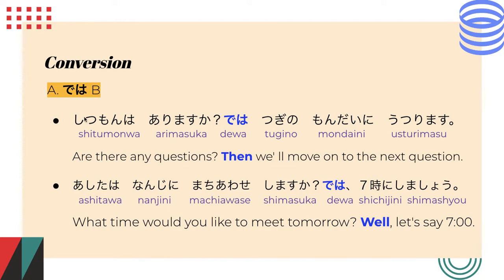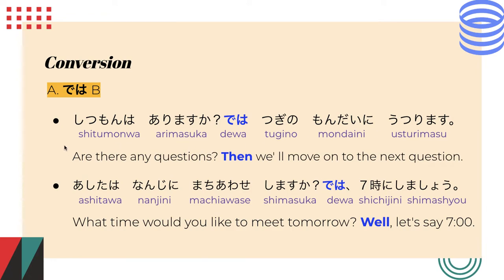The next one is では. Phrase A, では, phrase B. The first one says, are there any questions? Then we'll move on to the next question.